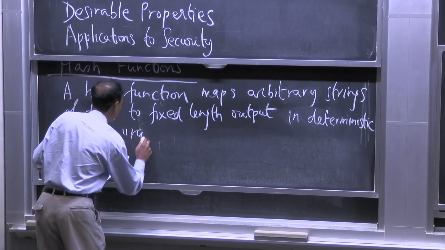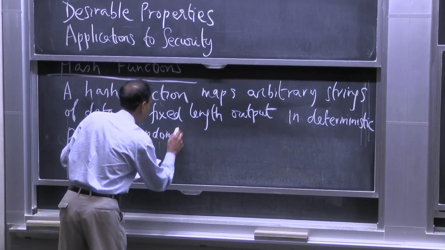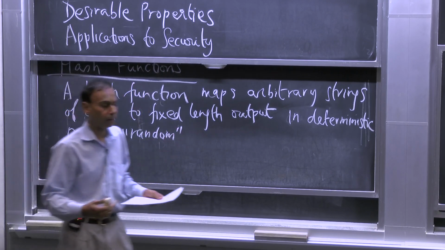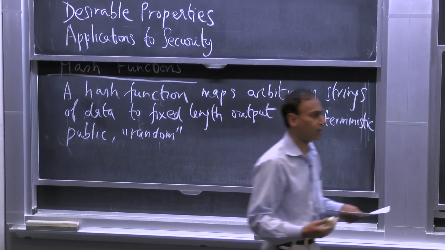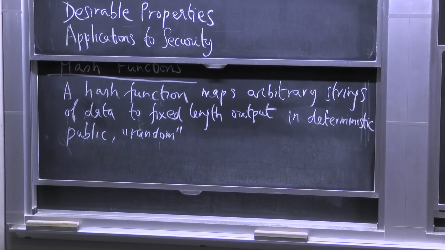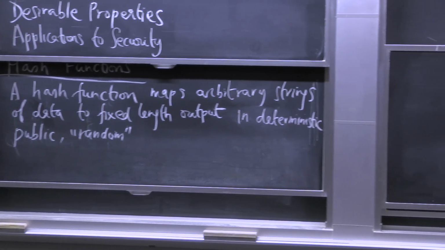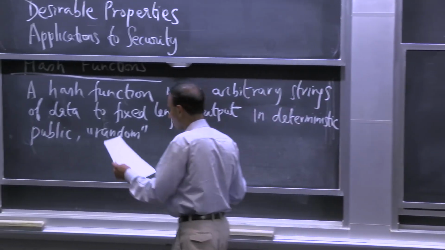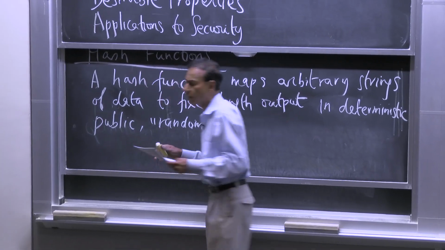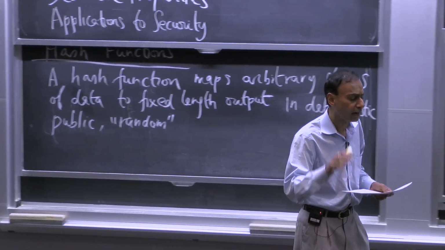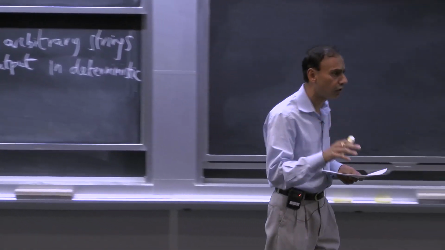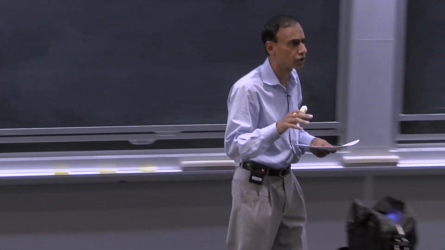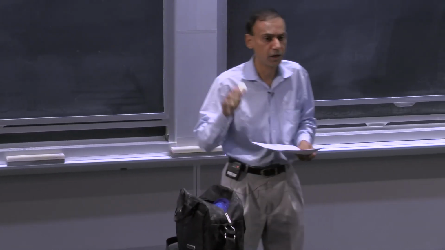And we want this to be random. We want it to look random. True randomness is going to be impossible to achieve given our other constraints, but we're going to try and approximate it with pseudo-randomness. But we'd want it to look random because we are interested, as we were in the case of dictionaries and the regular application of hash functions, in minimizing collisions.